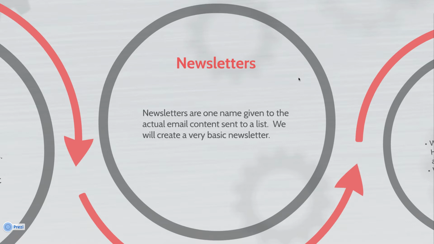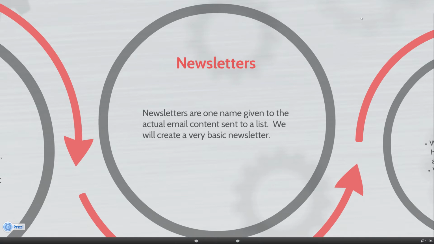Most email service providers allow you to pick from a template, and they also allow you to use a very intuitive editor that creates the HTML and the programming in the back end needed to do advanced stuff like display images and display tables and things like that. So that is newsletters.